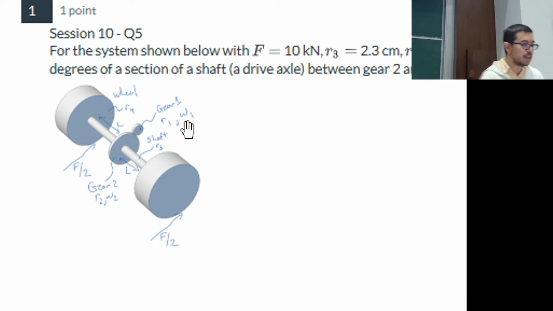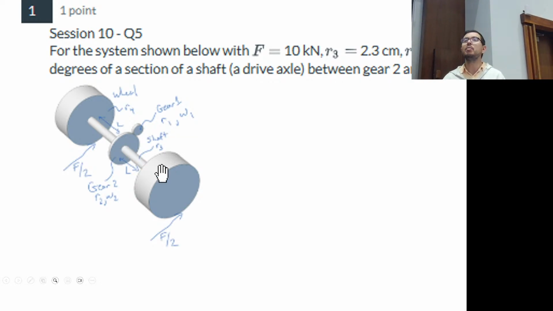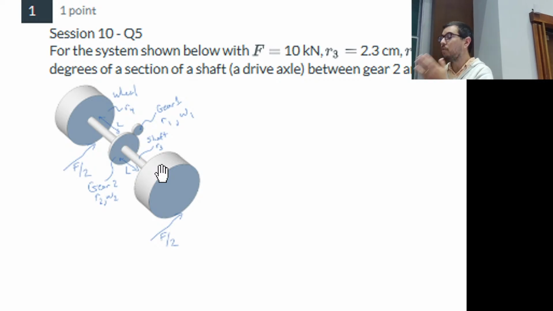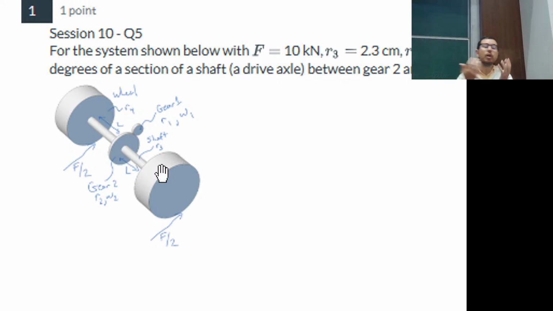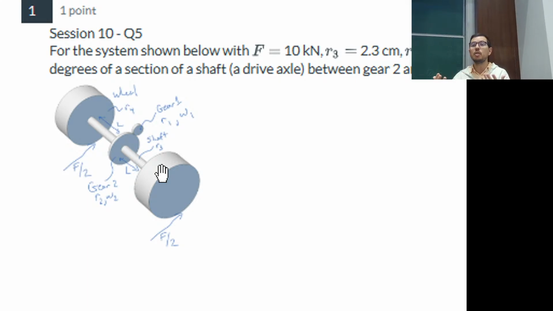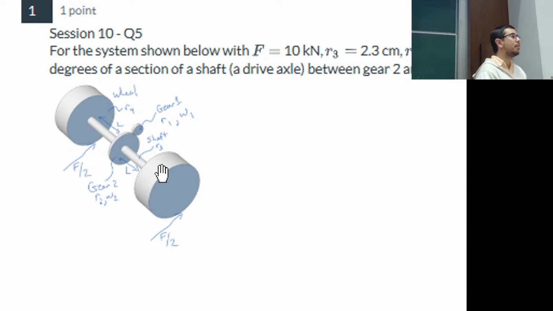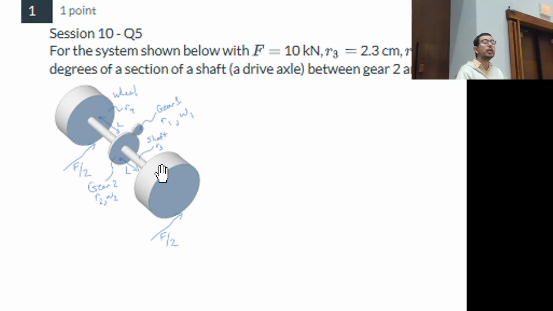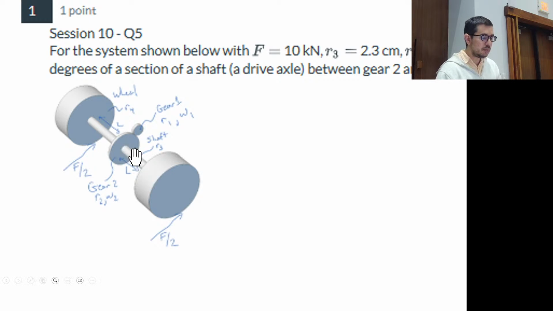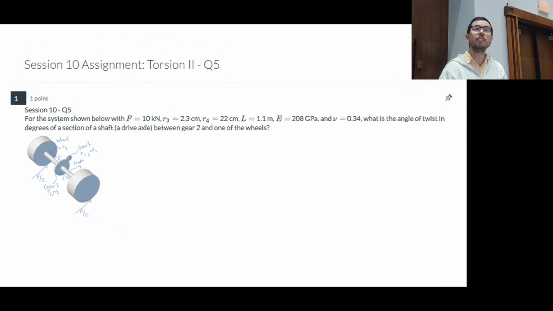So there could be a couple of different questions, but one question could be, what is the shear stress that you're generating in that shaft? Or what is the diameter that you have to design that shaft to be so that I don't have failure? We'll do some examples in finite element where we show how we calculate the shear stress in that shaft. Any questions?